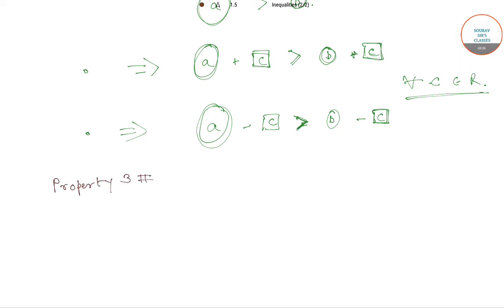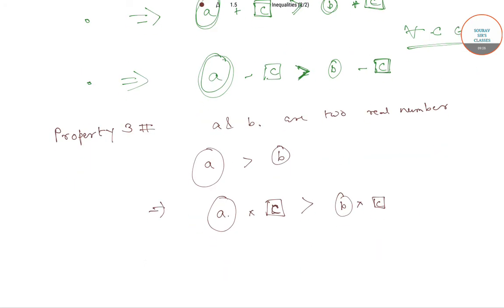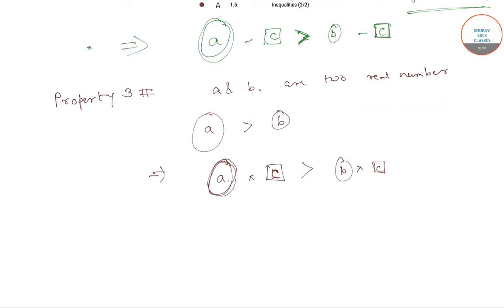Next is property number 3. It states that if A and B are two real numbers such that A is greater than B, then this would imply that A into C is greater than B into C, where C is any real number greater than 0.